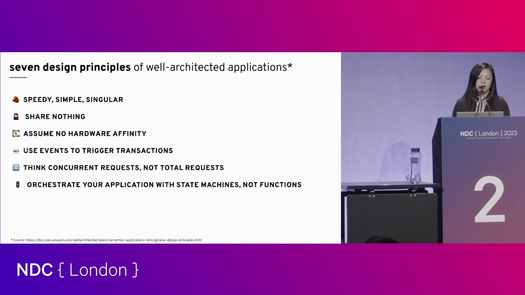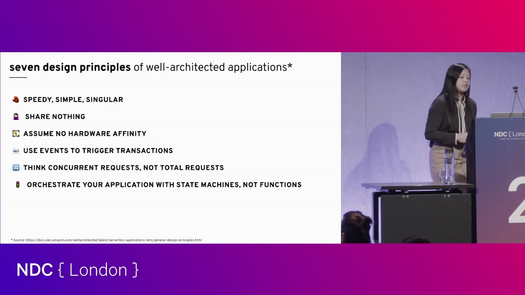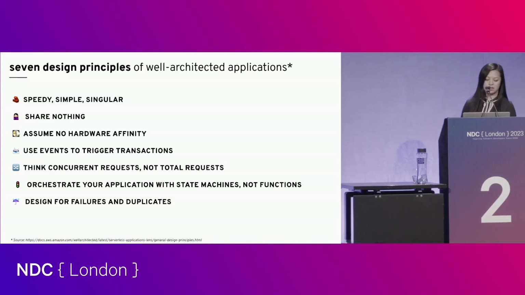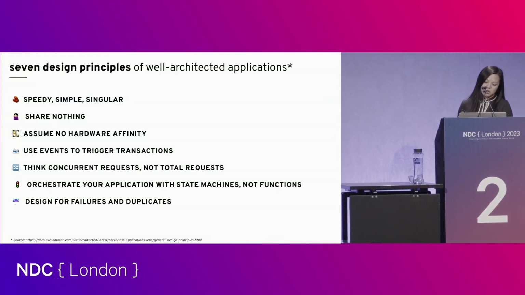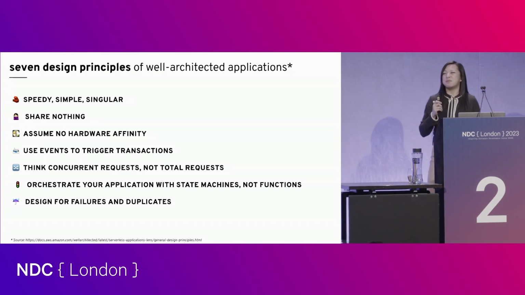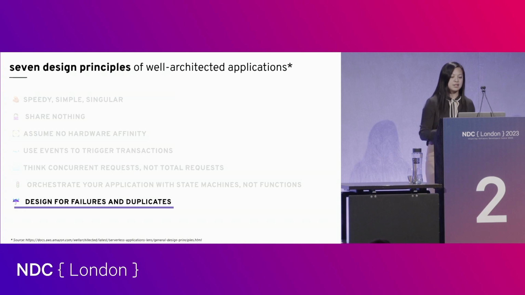Out of these 7, the last one out of this serverless lens of well-architected applications is design for failures and duplicates. While almost all of these principles are affected by idempotency, the one that's absolutely impossible without it is this last one, to design for failures and duplicates.